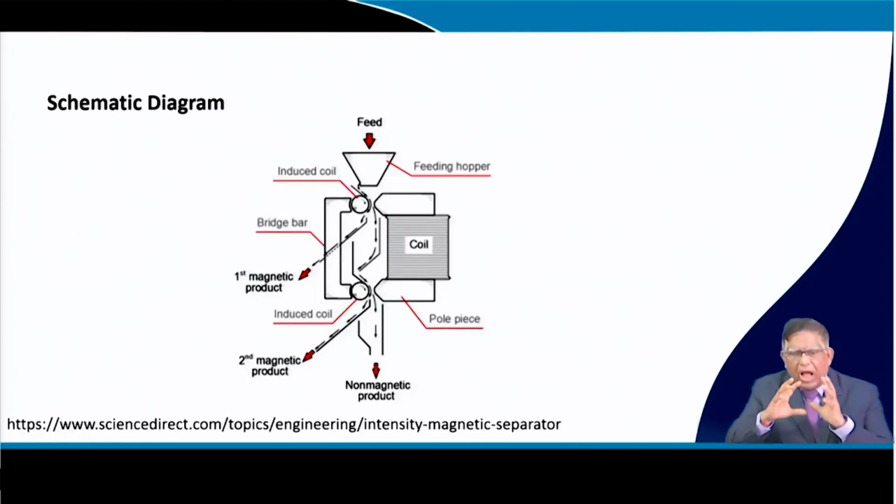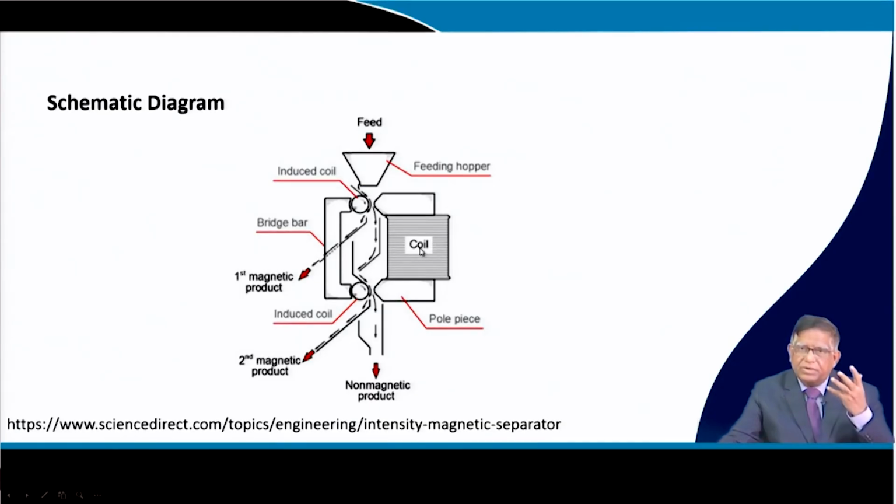Schematically, in a WIMS or any such magnetic separation, your feed is coming over here, and in this coil you are generating a magnetic flux. When it is going, the magnetic particles which have strong magnetic property get attracted to this, and through this chute they come out as the first magnetic product. Then the material goes through another stage, where you can use a magnetic intensity of up to 20,000 Gauss.